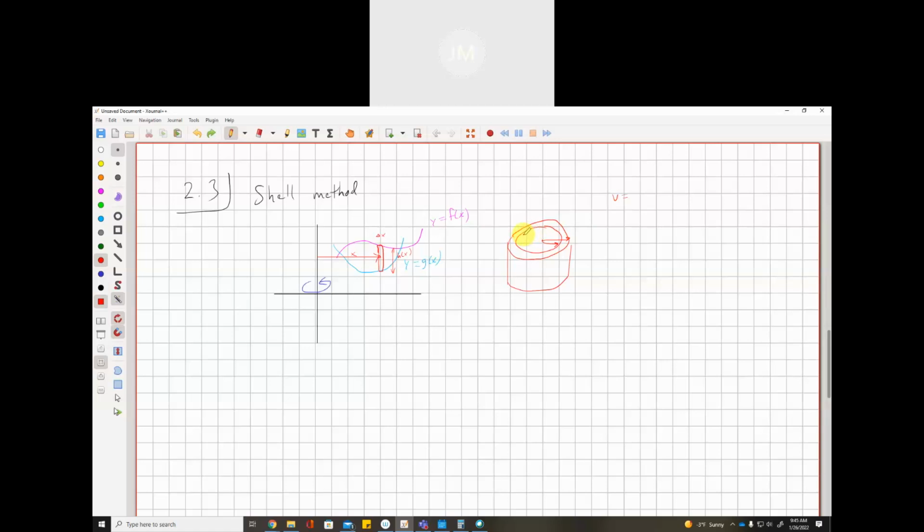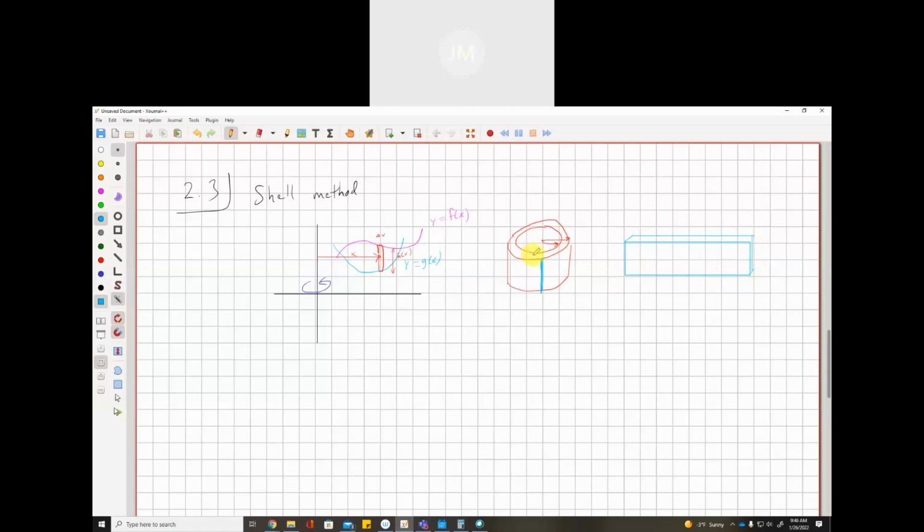Well, here's a way to think about this. If I take this object that I just created and I make a cut in it, suppose I cut it right here, and I unravel it, then what I'm going to get is almost a box. Now it's not perfectly a box because if you unroll it flat, it's not going to lie perfectly flat if it has thickness to it.